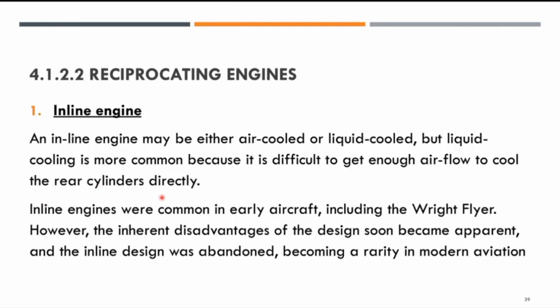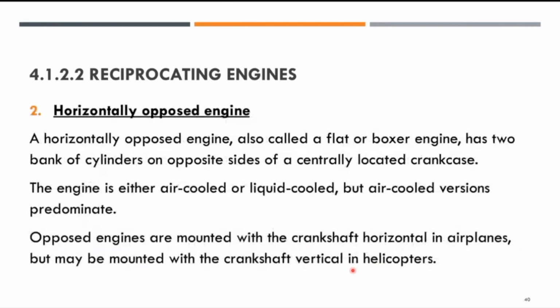That's why in the design of the inline engine, they normally use liquid cooling to make sure that all of the cylinders are being cooled directly. Inline engines were common in early aircraft, including the Wright brothers'. However, the inherent disadvantages of the design soon became apparent, the inline design was abandoned, and it has become very rare in modern aviation.